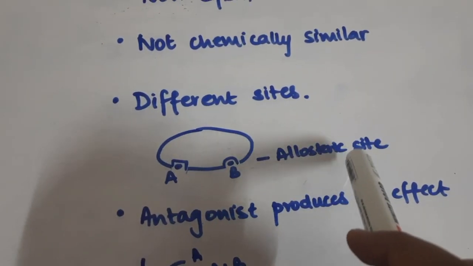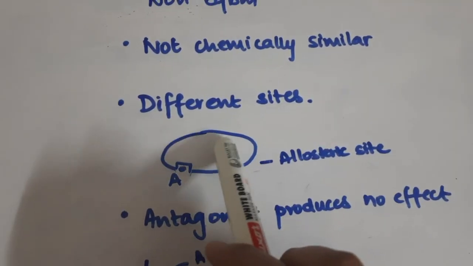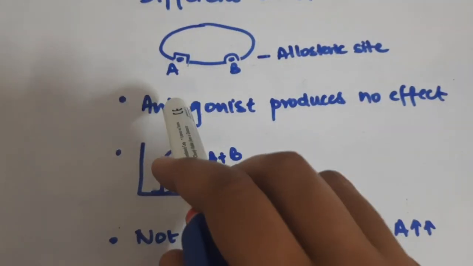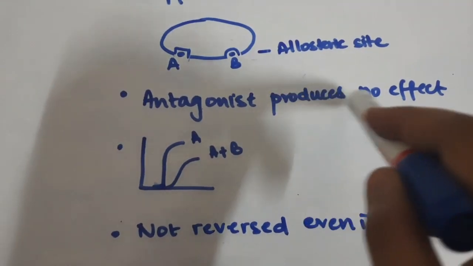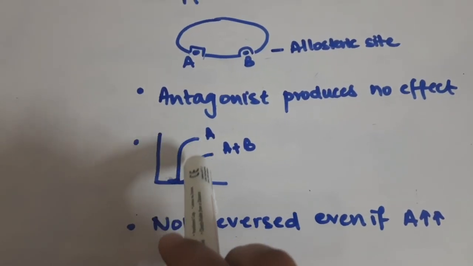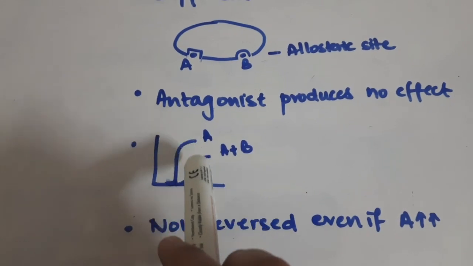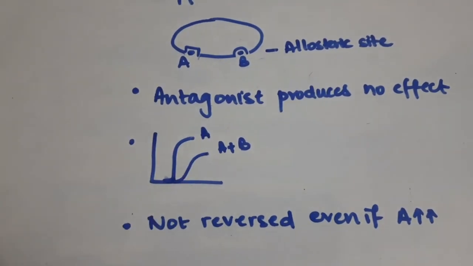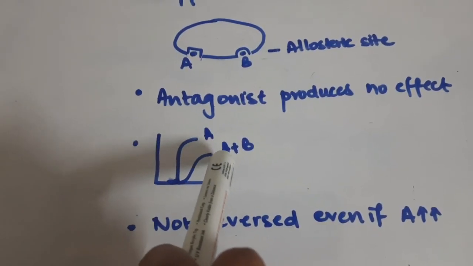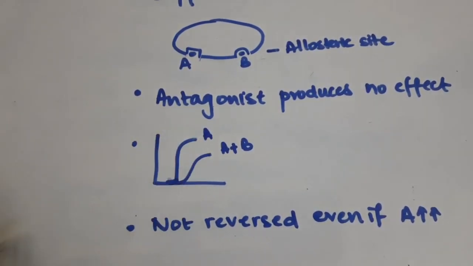B will bind to an allosteric site, and it produces some changes in the conformation. In this, the antagonist again produces no effect, and the log dose response curve is flattened. That is, its height gets decreased. In competitive, we had a shift to the right, but in non-competitive, the dose response curve flattens.